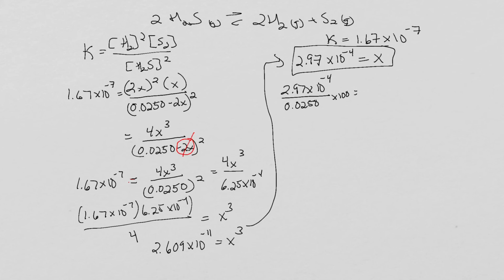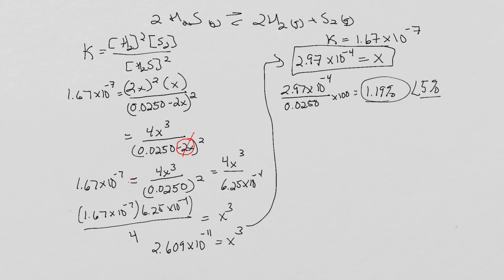And what we end up with is 1.19%, right, which is clearly less than 5%, which is our benchmark. So what we can say here is the approximation is valid here. We aren't introducing a whole lot of error. We can go ahead and use this to calculate our equilibrium concentrations.